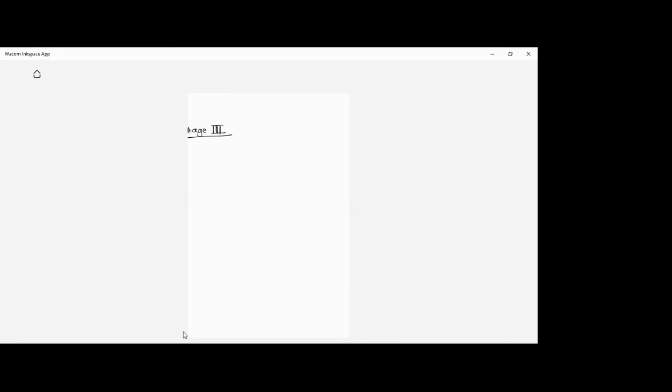So stage 3. The new interval that we have got is 23.6 comma 61.8. So here we can find the I2 value, that is 61.8 minus 23.6, which comes out to be 38.2.